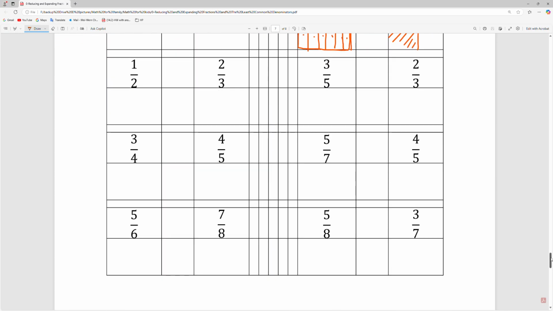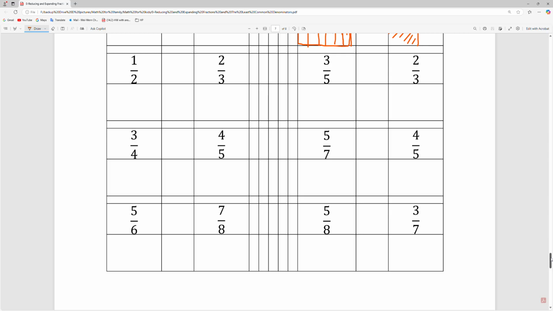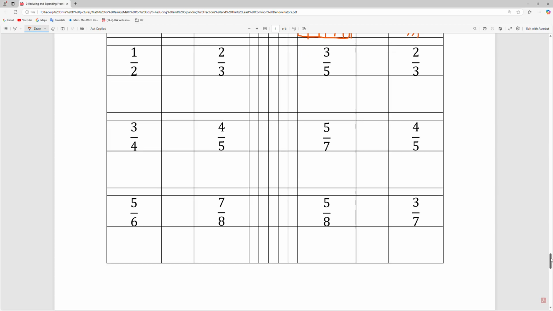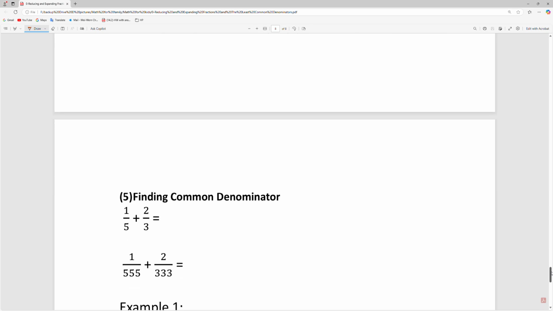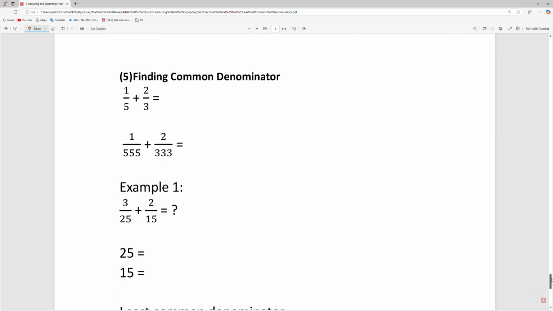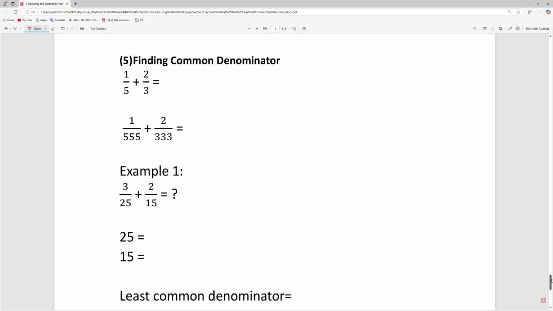You can try more examples, where you either draw a picture or multiply to have the same denominator, then compare the numerators. Now, in the end, finding common denominators. When you have addition, subtraction, or comparing, if you learn how to find a common denominator, then it's easy.